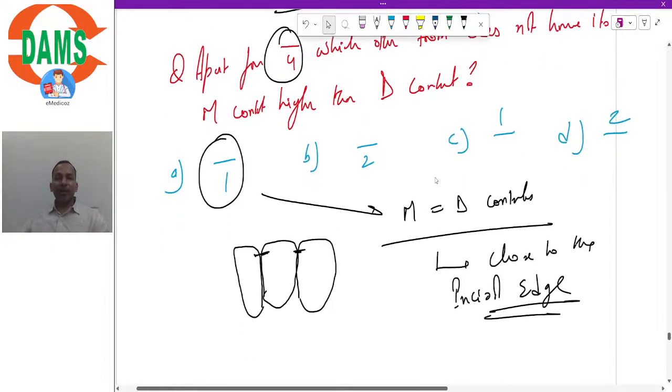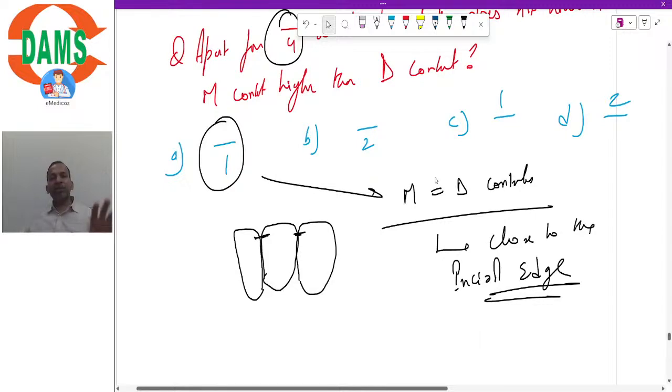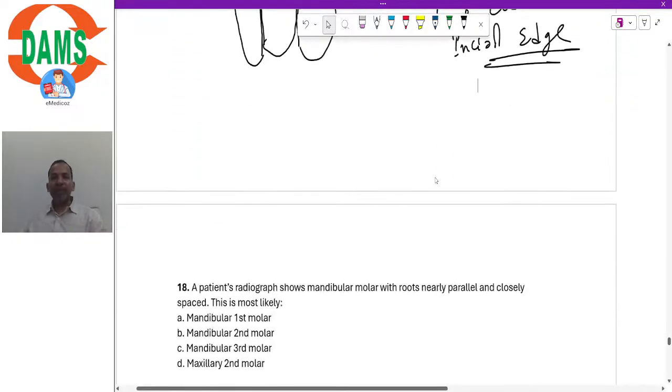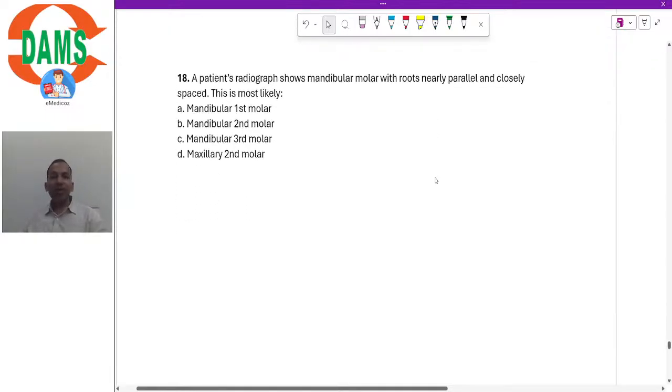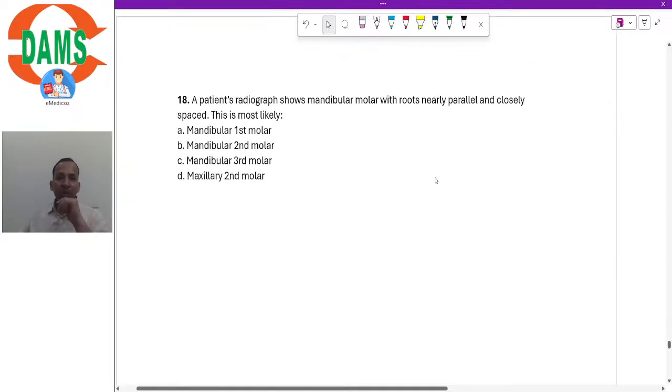Mandibular central incisor is the only tooth where the contacts are at the same level, and mandibular first premolar is the only tooth where the distal contact is higher, right? So option A is correct. Very good.